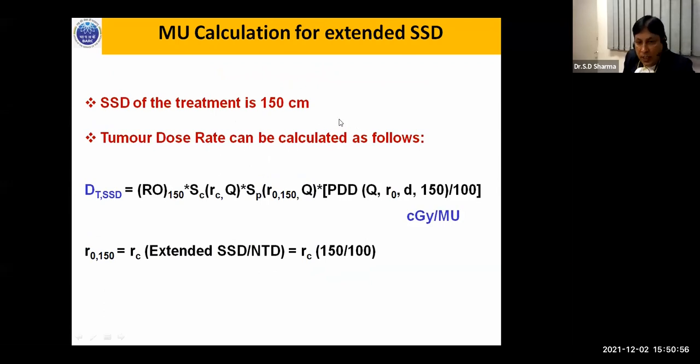So the last discussion for photon beams is now extended SSD treatment. So say for example, we are dealing with the case of extended SSD treatment of 150 centimeter.